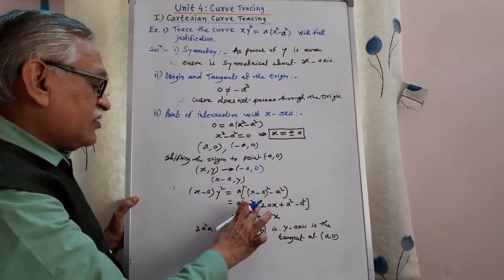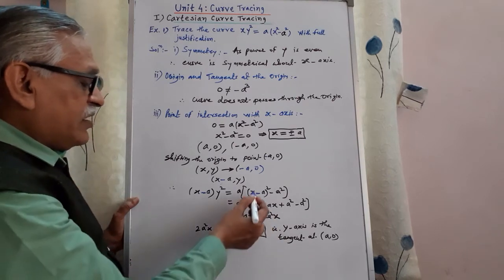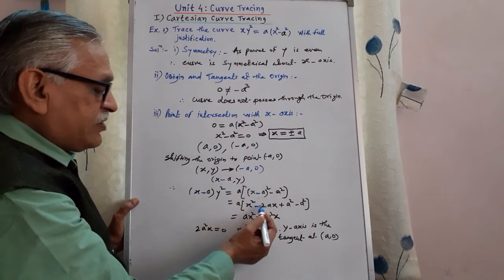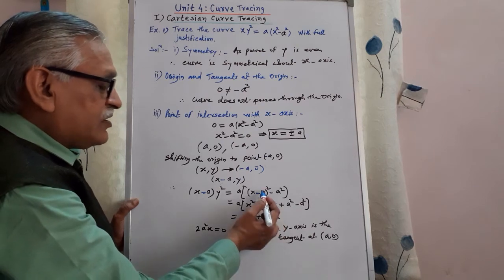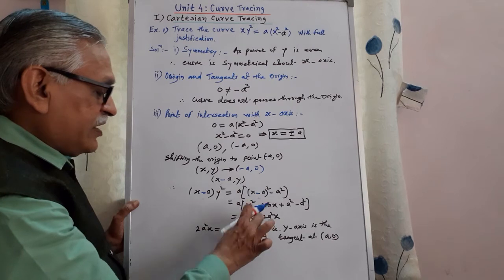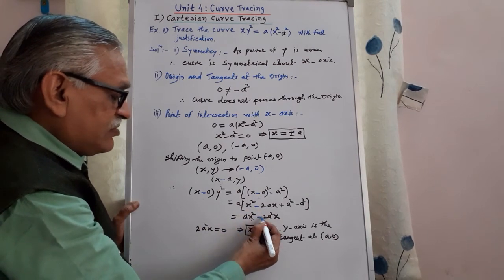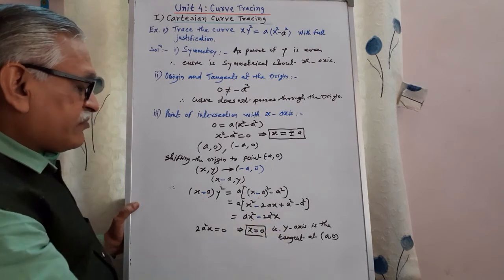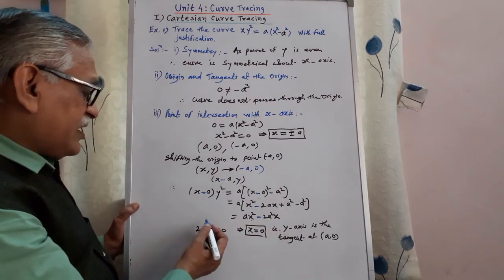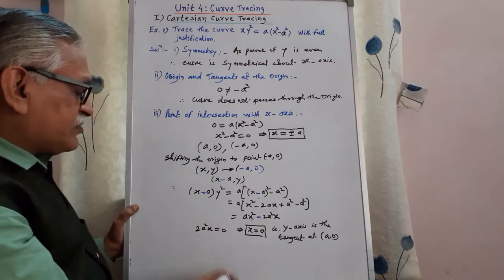Expanding this, we get a into x square minus 2ax plus a square, minus a square. We get here a into x cube minus 2a square x, and therefore equating the lowest degree term or terms.